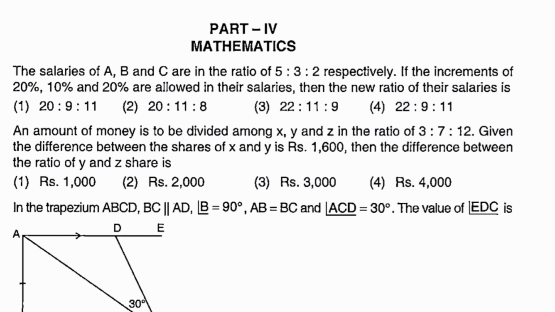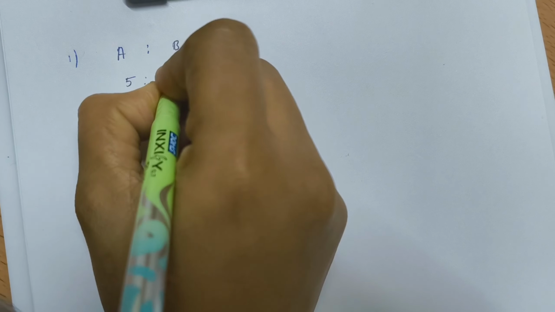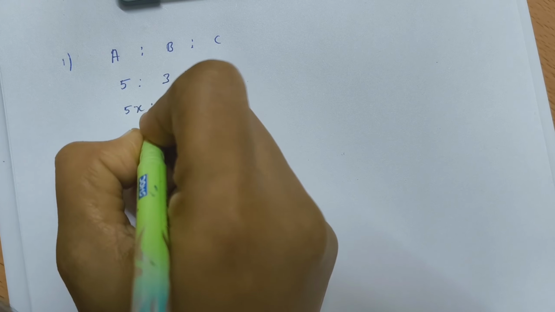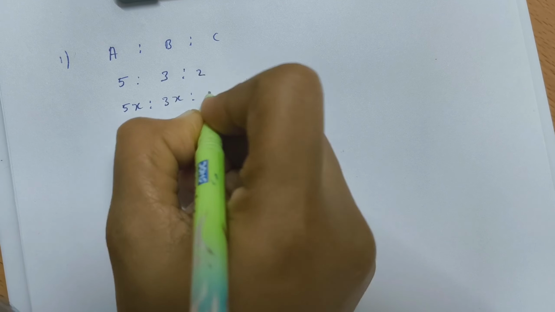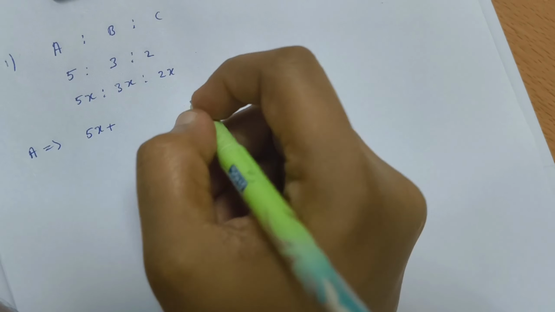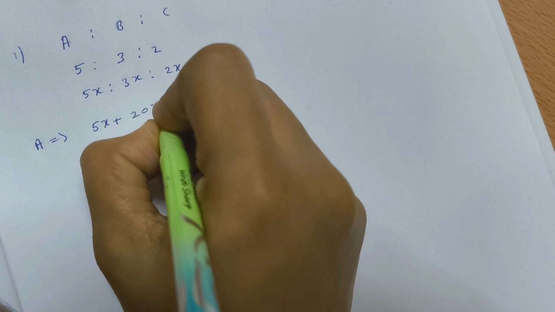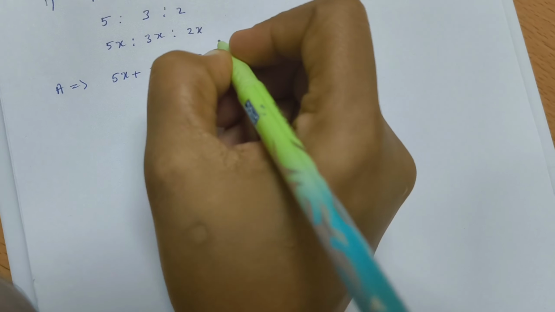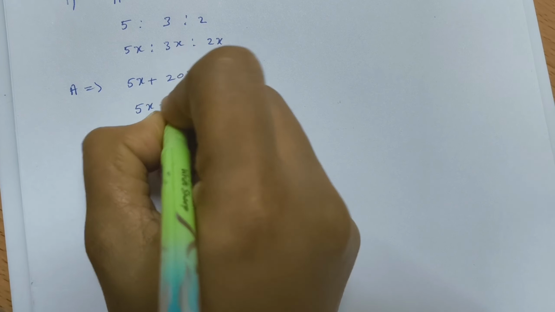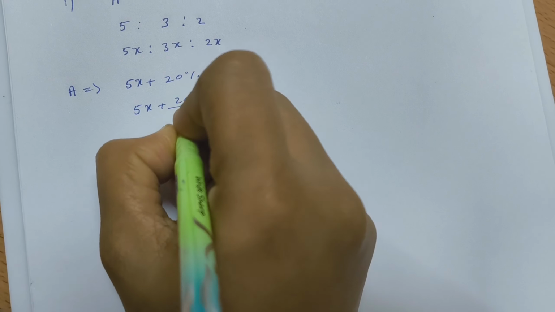So for given A, we can consider 5, and if the increment of 20%, so we can consider 5x plus 20% of 5x, and for the B, 3x plus 10% of 3x, and for C, 2x plus 20% of 2x. Then we have to solve.